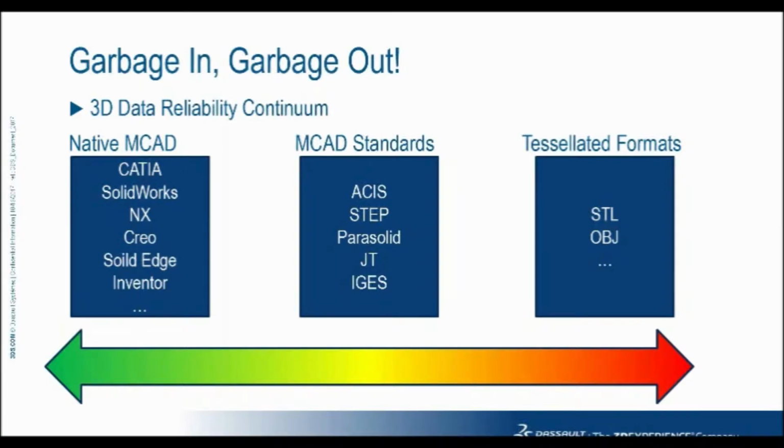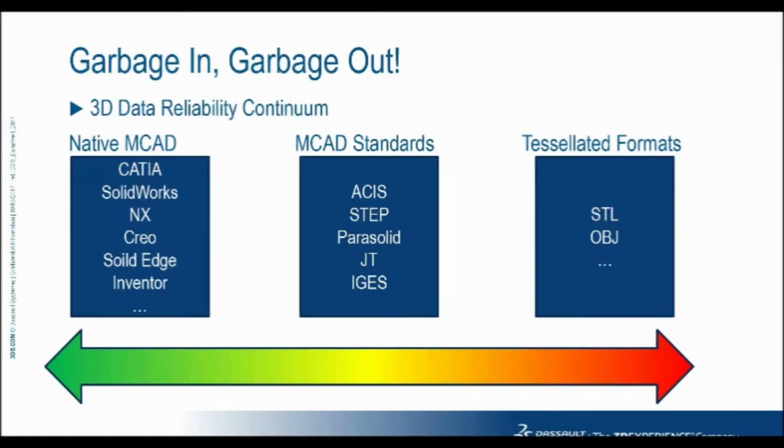The next level of quality data comes in the standard formats. These are usually a step down in reliability from the native files, and they can vary in reliability. It really depends on how much care is taken by the developers of the application in writing the exporter.